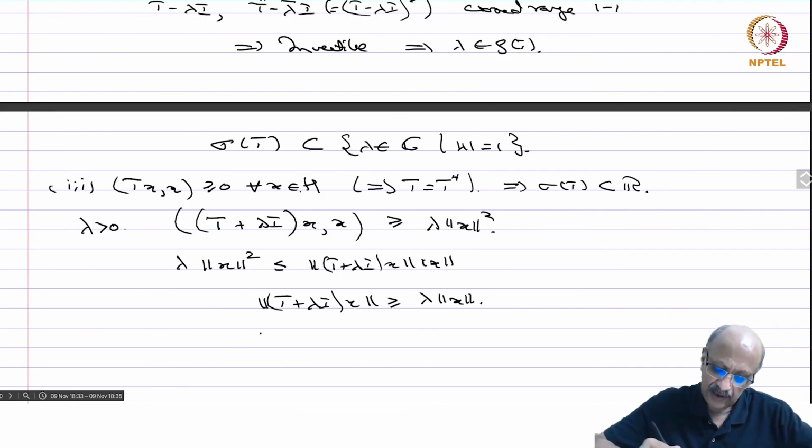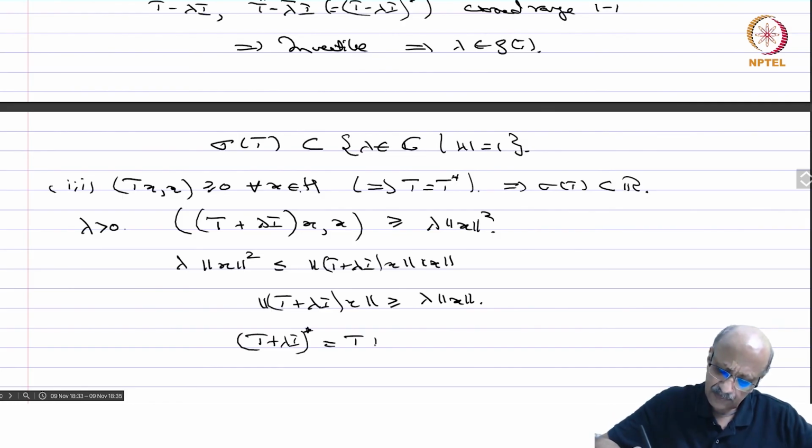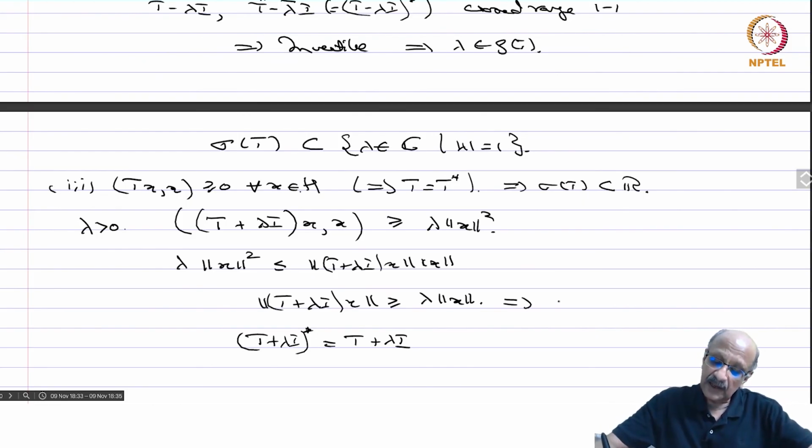Once again, its adjoint (T plus lambda I) star is the same as T plus lambda I, because lambda is real and T is self adjoint, and therefore this implies that T plus lambda I has closed range.